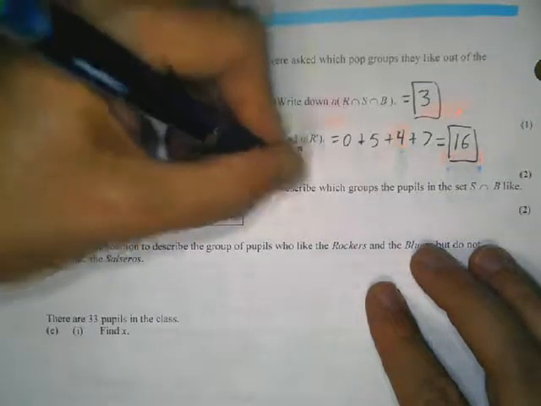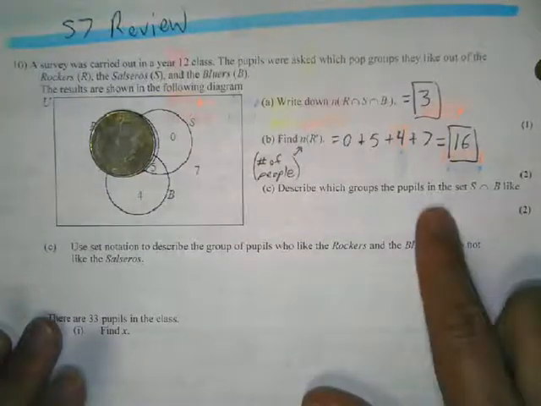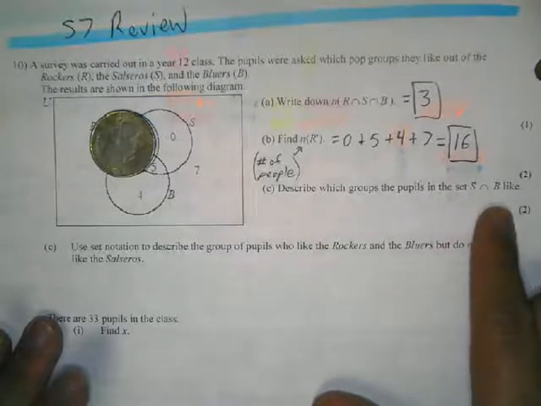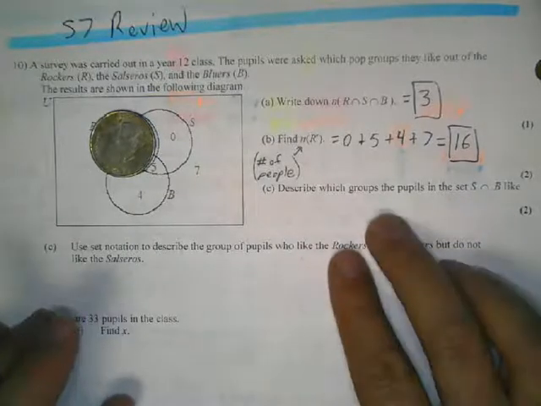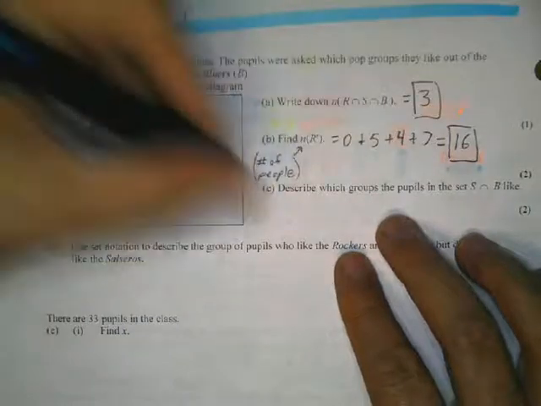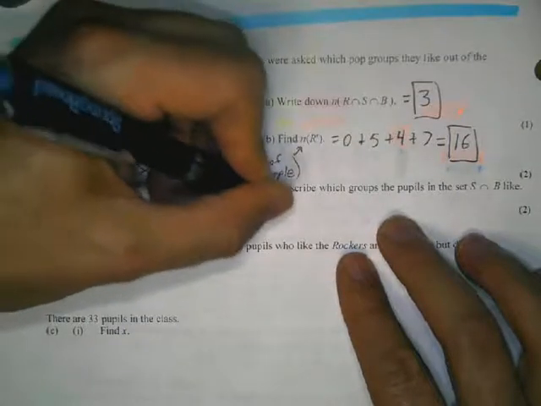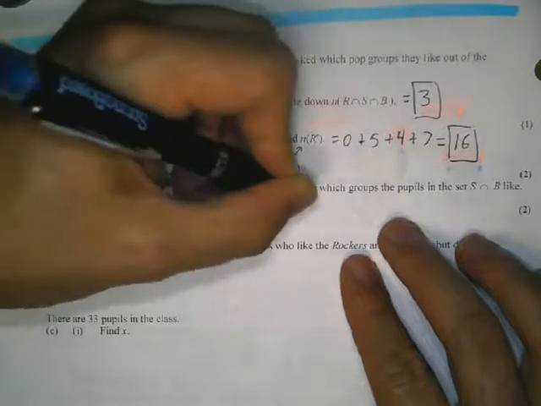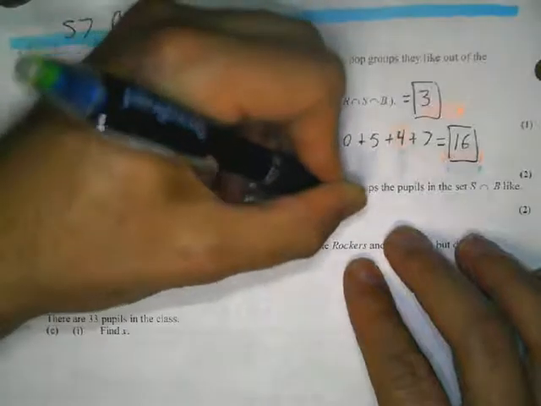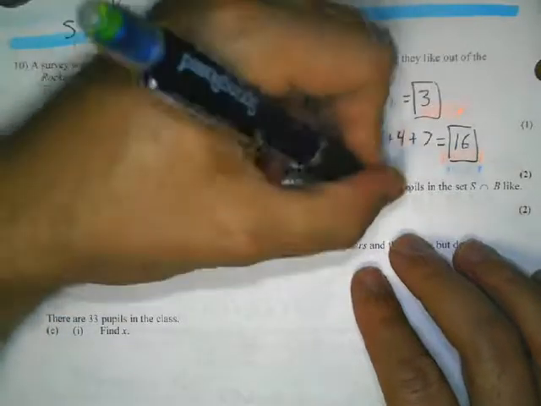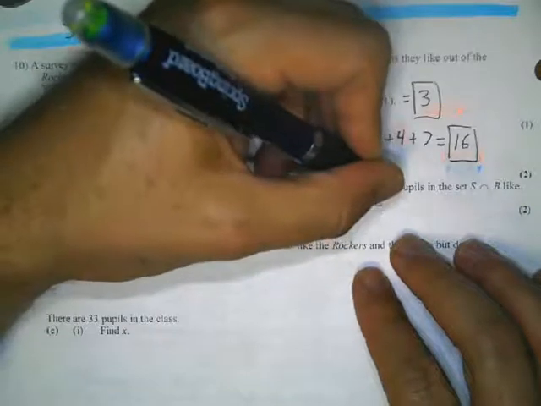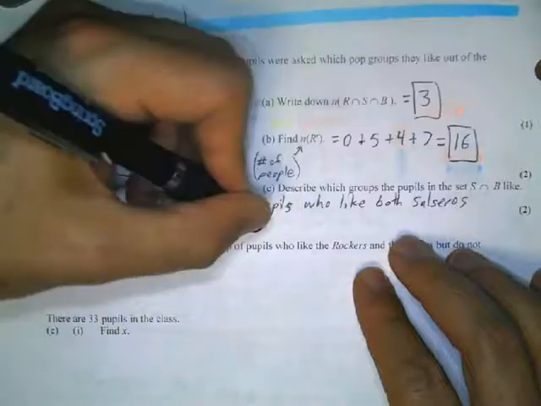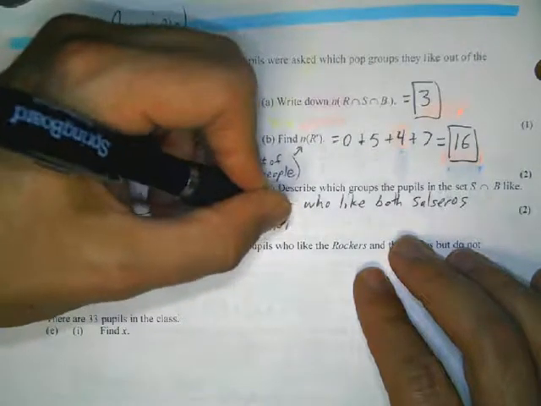Okay. All right. Describe which group of pupils in the set S intersection B like. So if I want to describe this in words, this is pupils who like both salseros and the bluers.